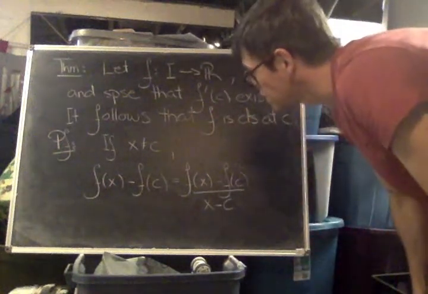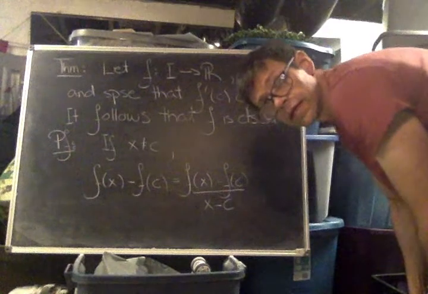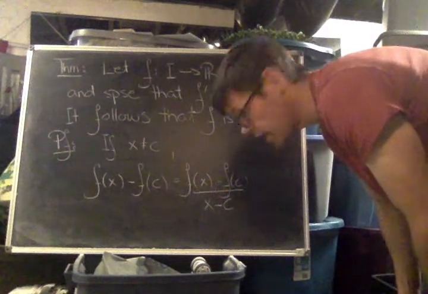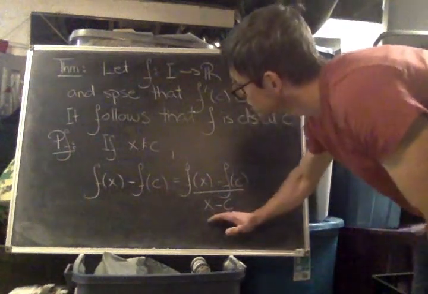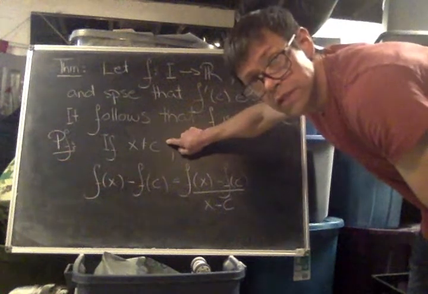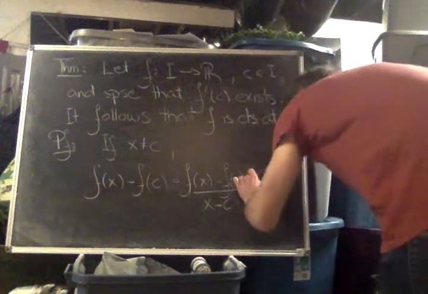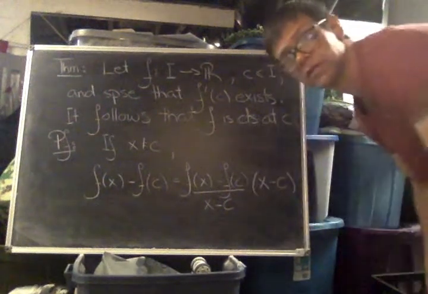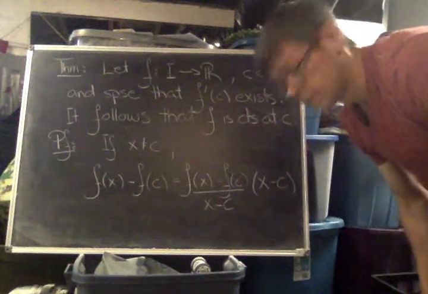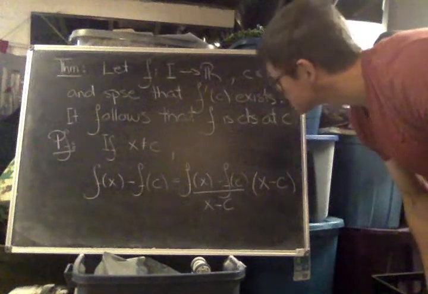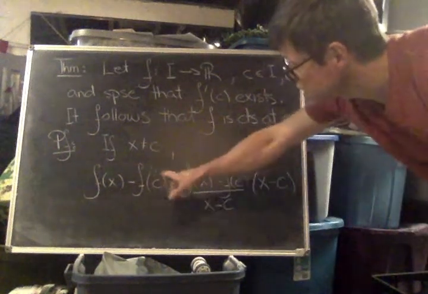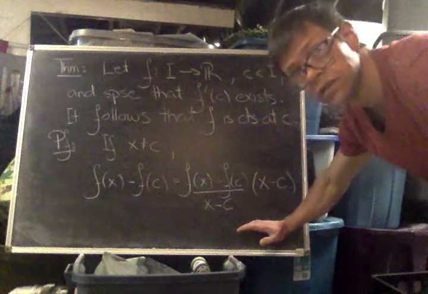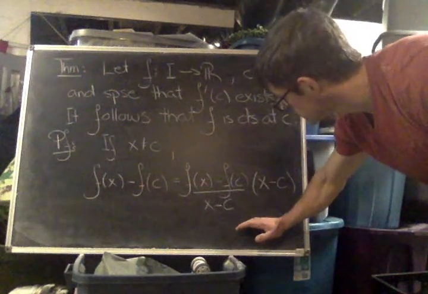Well, I'm going to rewrite f of x minus f of c as f of x minus f of c divided by x minus c, which I can do. That's a legal move since x is not equal to c. And then, of course, I have to multiply again by x minus c to make sure that I haven't changed anything. The idea now, however, is that I've expressed f of x minus f of c as a product of two things, right?